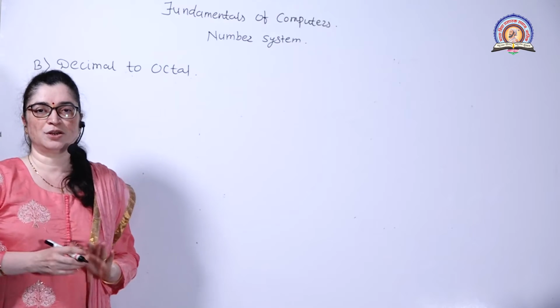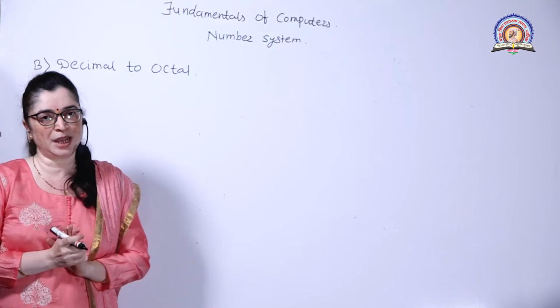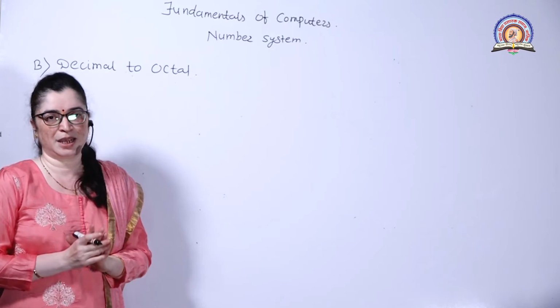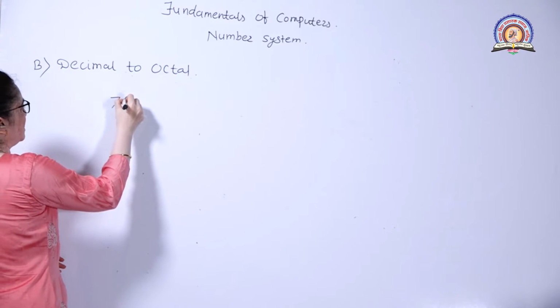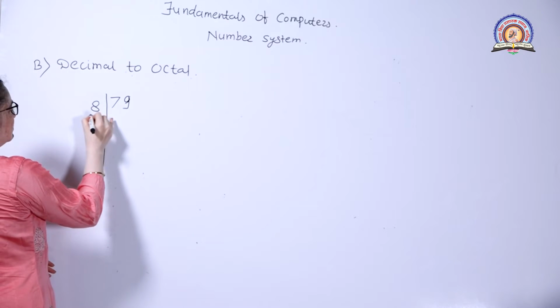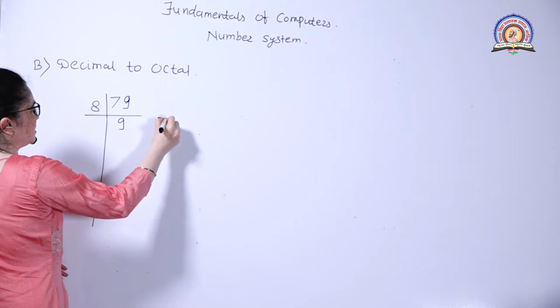Okay, now we have to convert a decimal number into an octal number. Octal means there are a total of 8 digits, so we have to divide the given decimal number by 8. For example, 79 is the given number. Divide this number by 8. 8 nines are 72, remainder is 7.